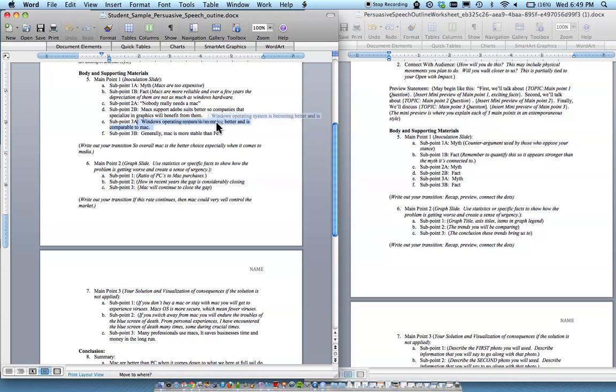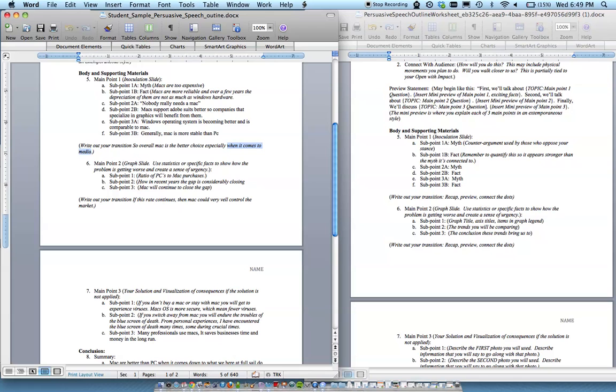And generally Macs, and then he refutes it with "Macs are more stable than PCs." Okay, so connecting the dots, he says that Macs are a better choice, especially when it comes to media. So that kind of recaps what we're talking about here, but not exactly.